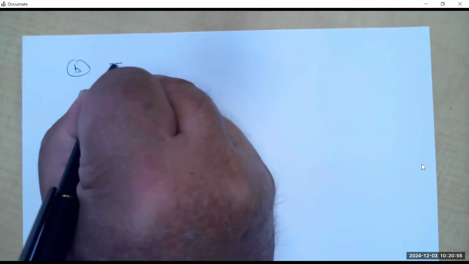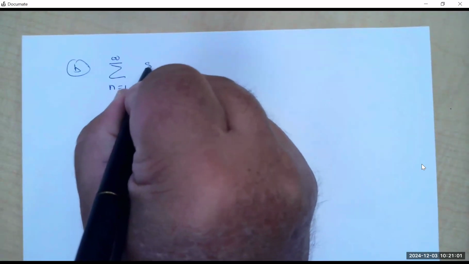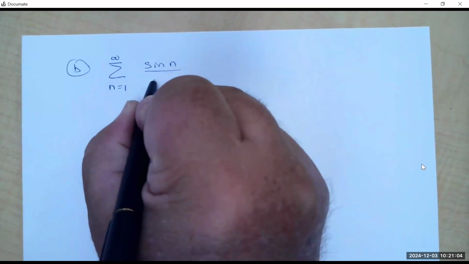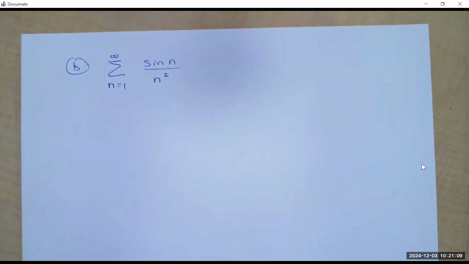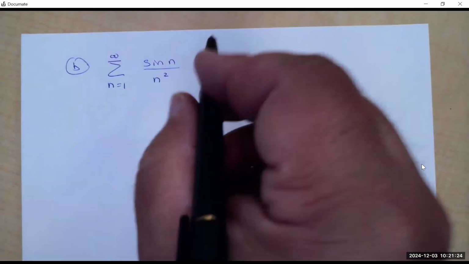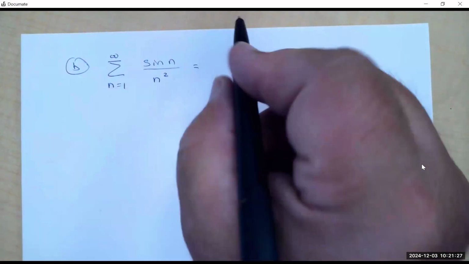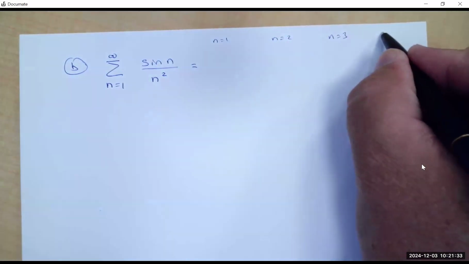Let's look at B. How about this series? The sum from n equals 1 to infinity of sine n over n squared. Does this one alternate signs? Why? When n is 1, when n is 2, when n is 3, when n is 4.